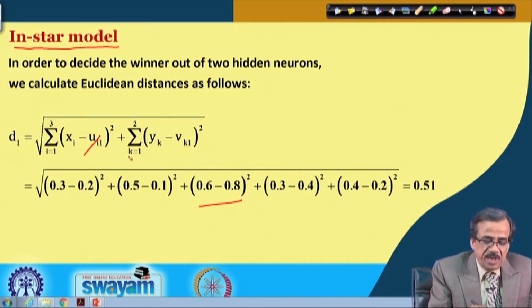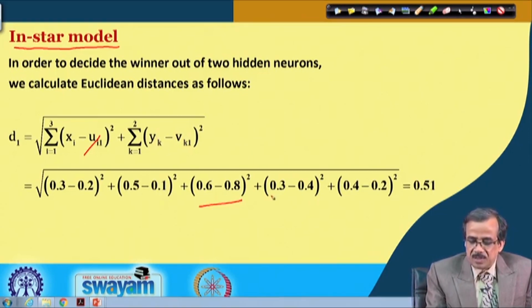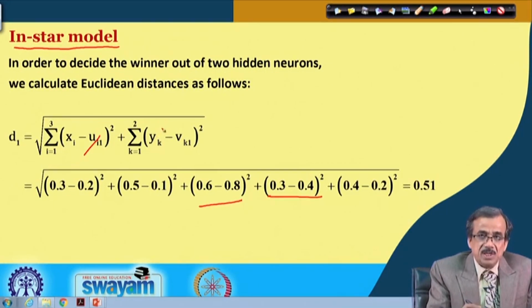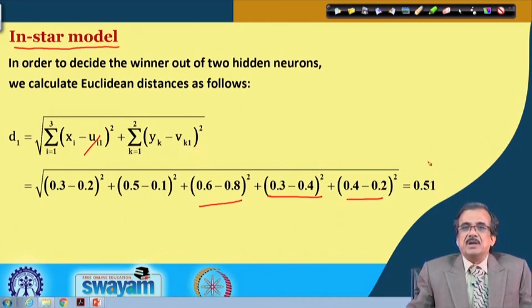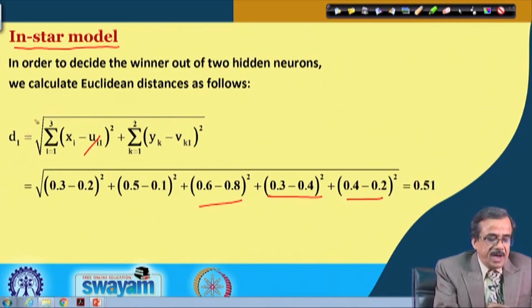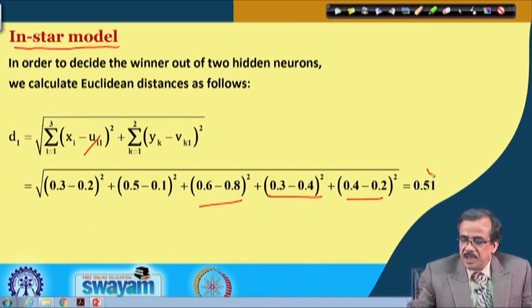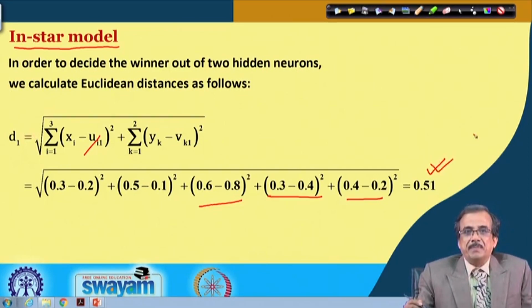Next we put k equals 1 to 2. So, I put k equals 1, (y1 minus v11) squared, then k equals 2, (y2 minus v21) squared, and if we calculate, I will be getting this particular d1 as 0.51.